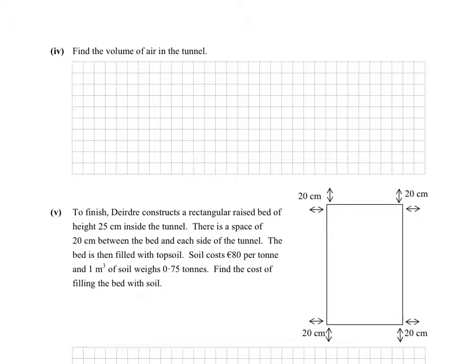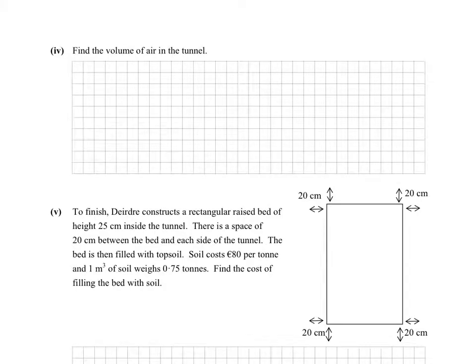Moving on to part 4 over the page, we're asked for the volume of air in the tunnel. So if you remember, this is a semicircular prism, and so it's half a cylinder, so we're going to do half of pi r squared h.